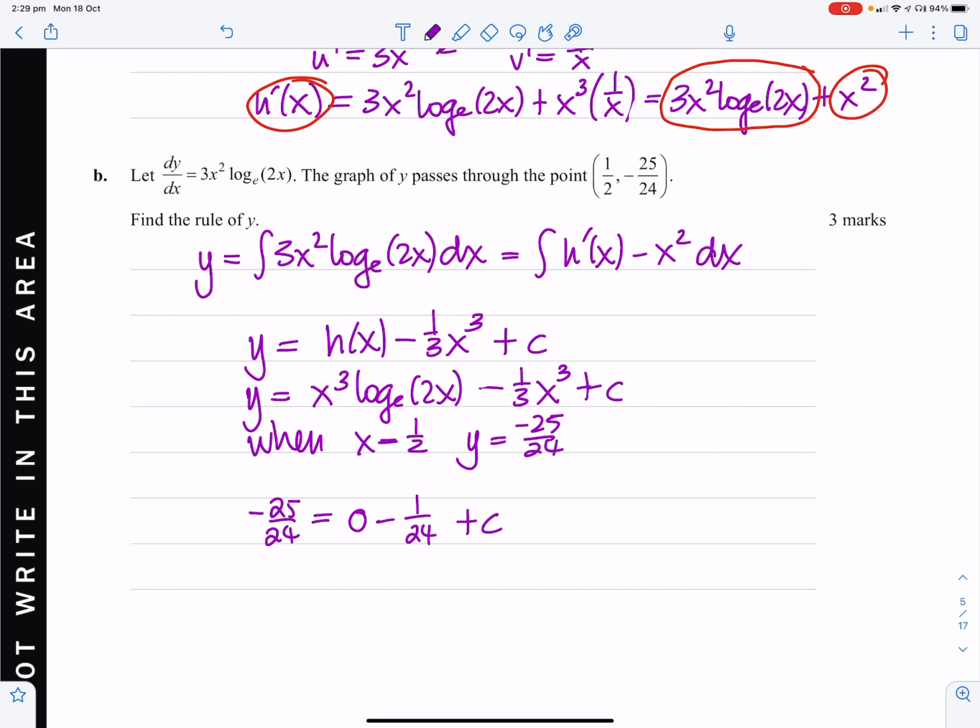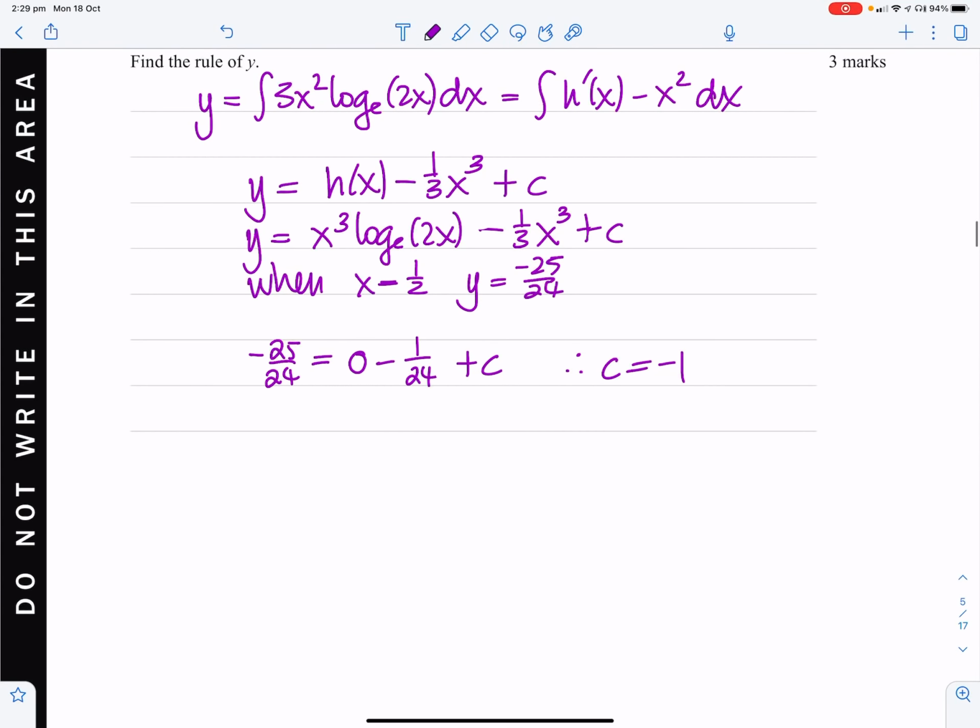If I add 1 on 24 to the other side, we get therefore c is negative 1, because c is negative 25 on 24 plus 1 on 24.